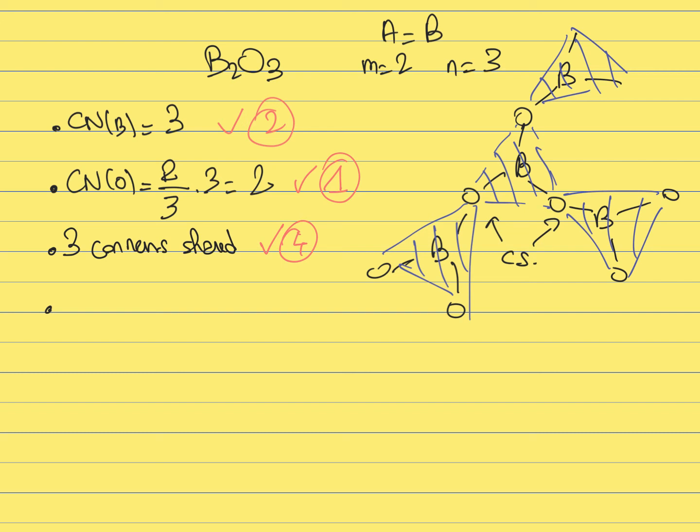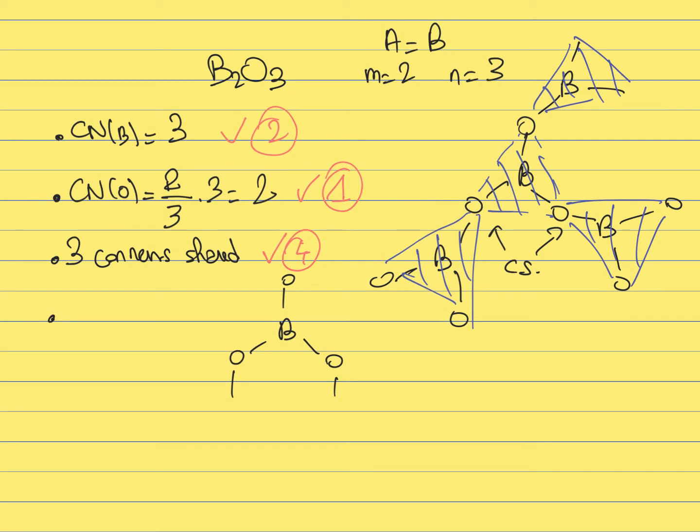For example, you have 1 boron here connected to 3 oxygen, and then this oxygen is going to be connected to 2 boron. Then each of those borons are going to be connected themselves to 3 oxygen.